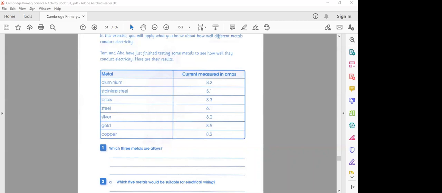Steel, brass, stainless steel are alloys. Aluminium, silver, gold, copper are all proper elements. Okay. Stainless steel, brass, and steel, these three are alloys. Correct it and continue answering.